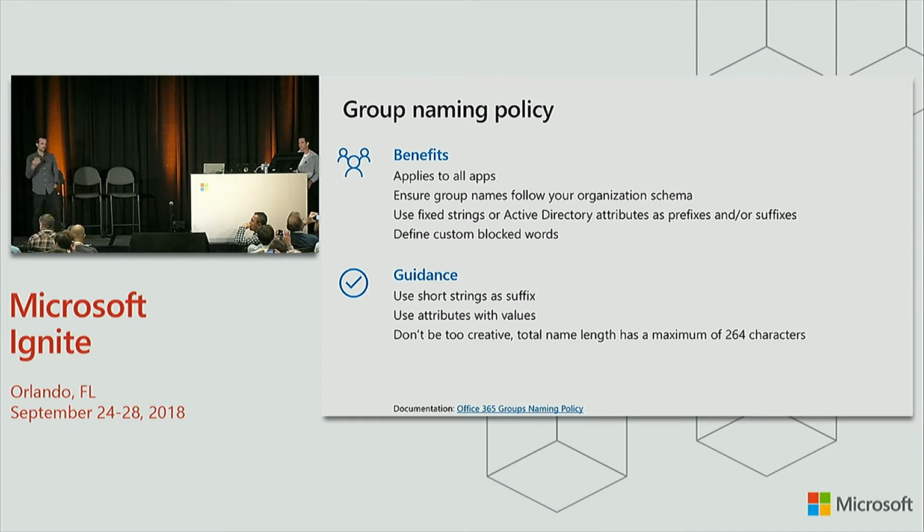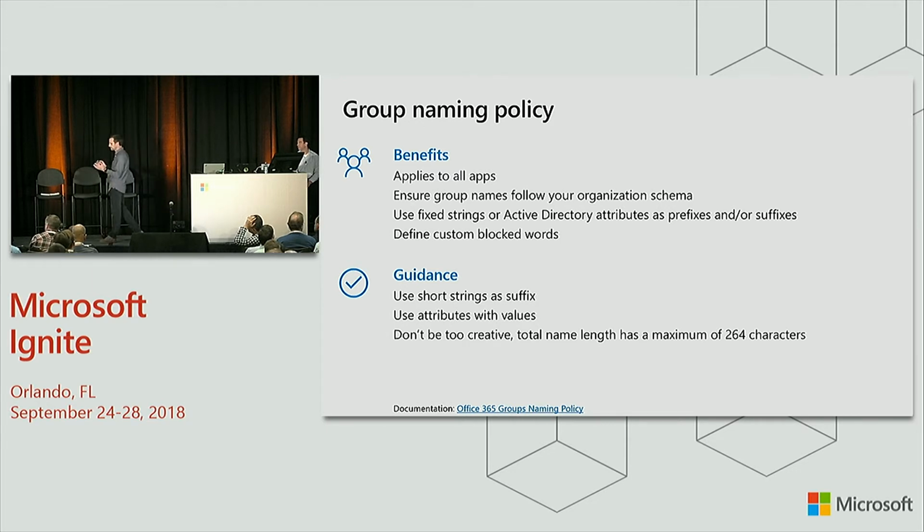But again, the goal is sure, self-service is the goal. That's why we want you to empower the users to make those decisions. But with that, we're fully aware that you might need some bounds and checks to keep that garden, which is your Active Directory, nicely groomed. And whether you want to prefix the name of a group with a fixed string or suffix it with a dynamic string based on user attribute, that's what this offers.